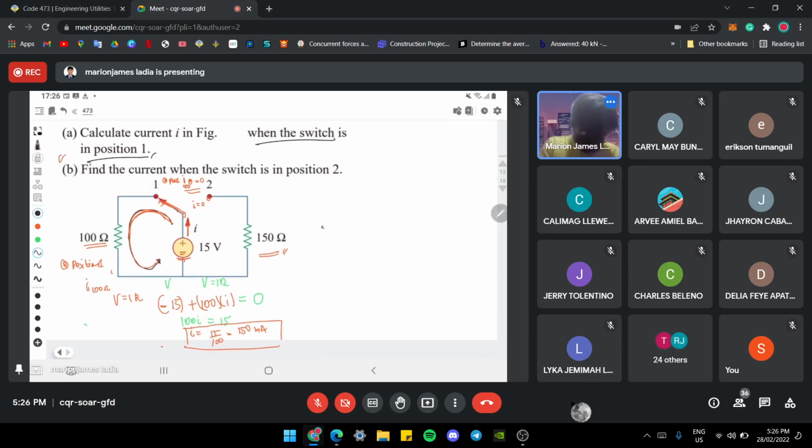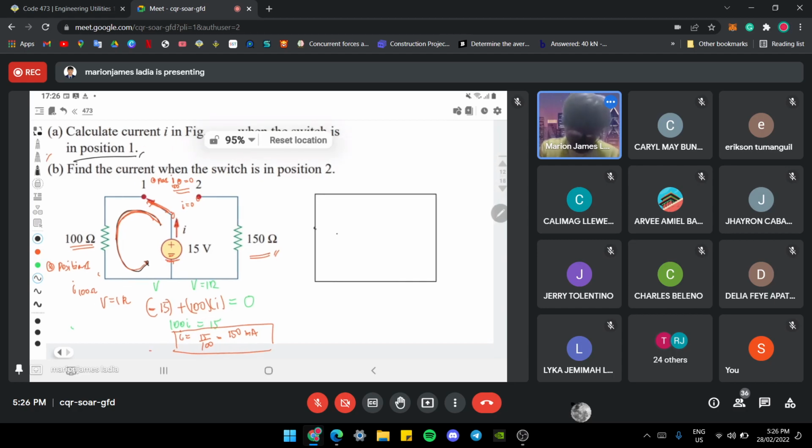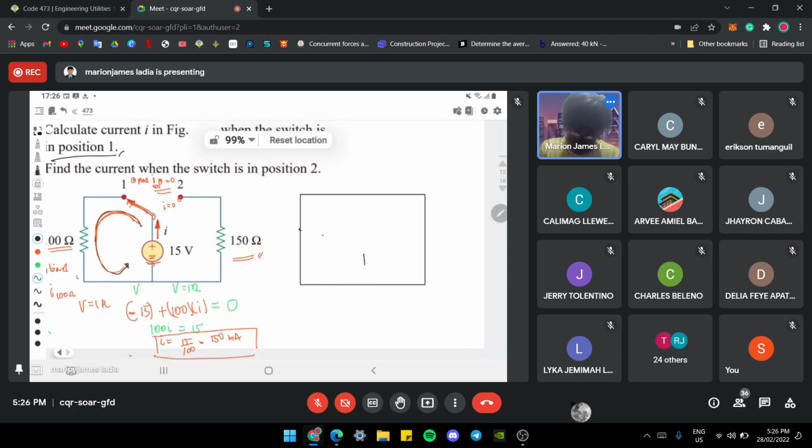Draw ko na lang. Ito yung position 2 natin.